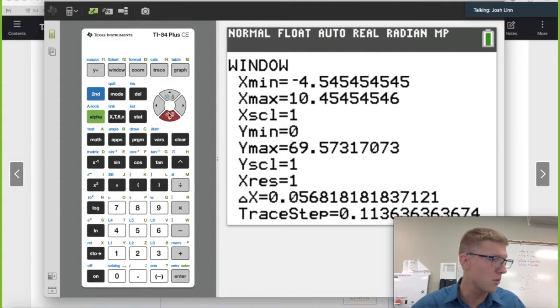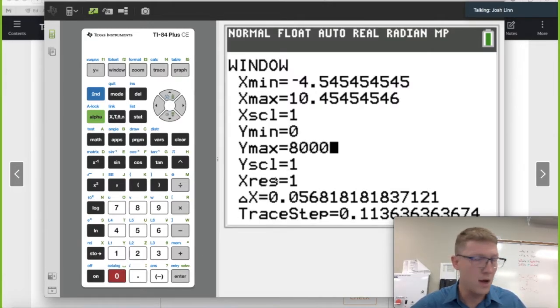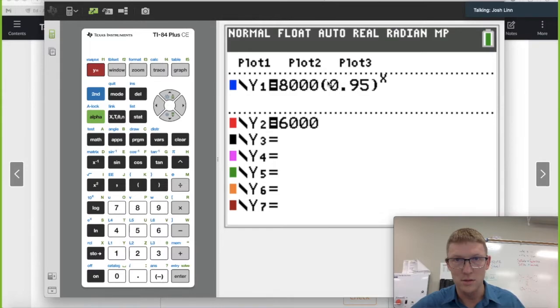And let's say our y max is 8,000. Usually I go above the max, but we already know that it is an exponential decay, so it's going to be going down.